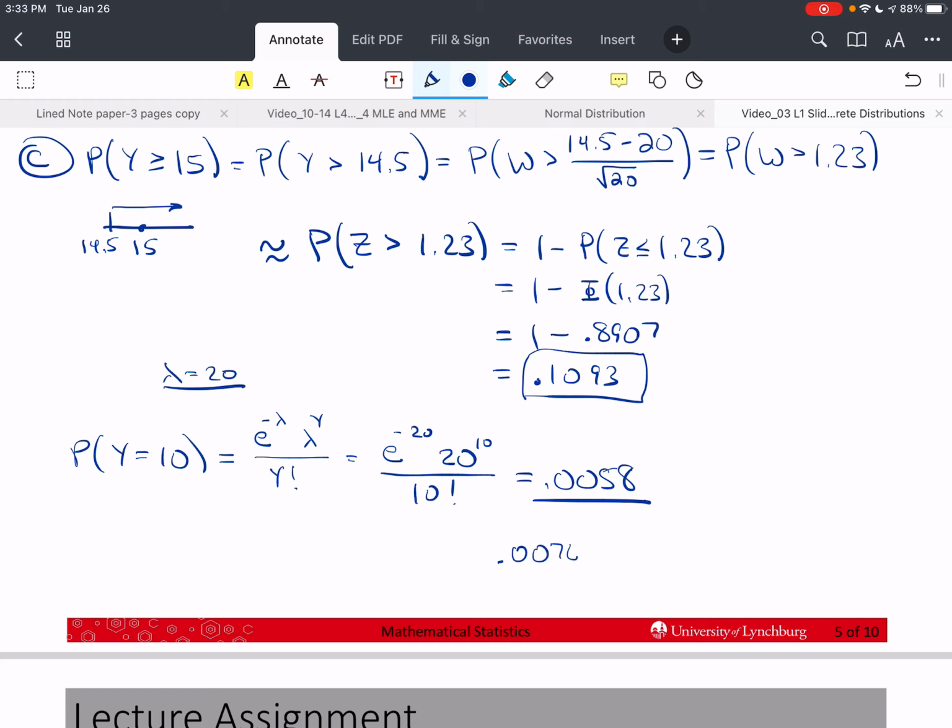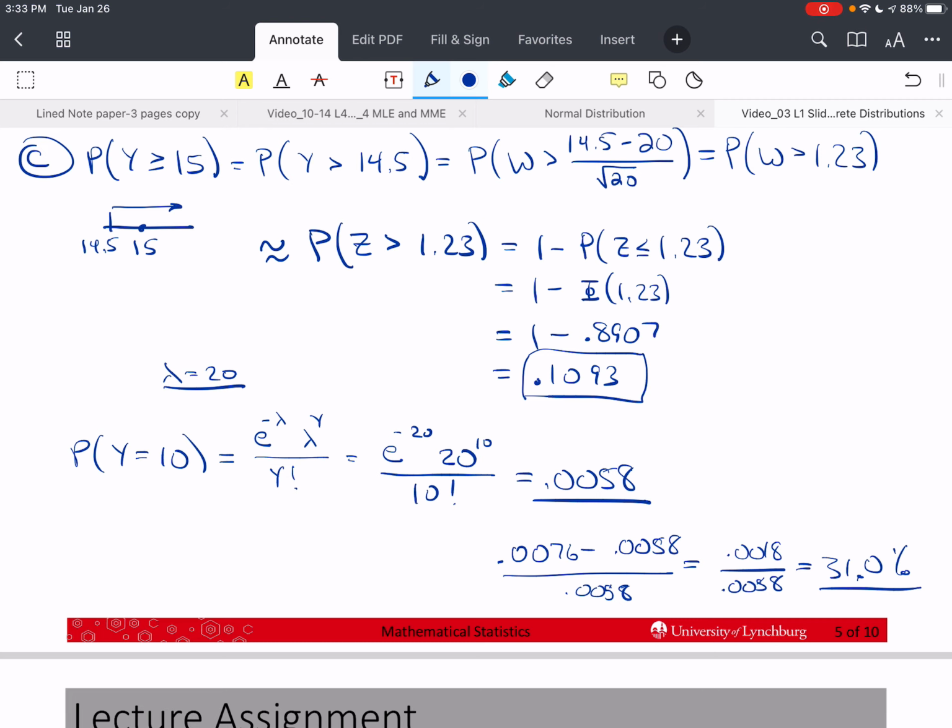The estimate 0.0076 minus 0.0058, I did a multiplication that gave me a weird number, so it's 0.0018 over 0.0058, which is a 31.0% error, so not very good.